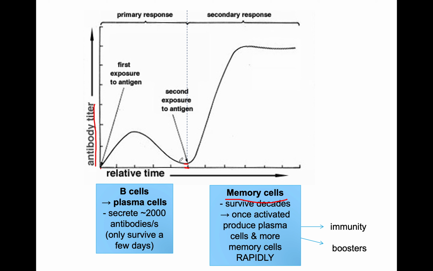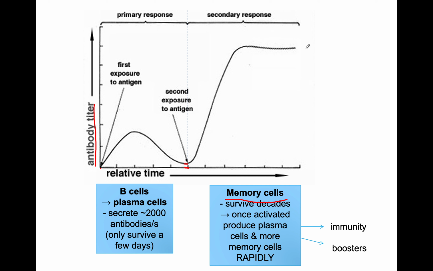So a lot more of the plasma cells are produced, partly because you're starting from a larger number in the first place, but also because the secondary response is much more rapid. And the antibody titer, the antibody concentration, tends to remain higher for longer periods of time.